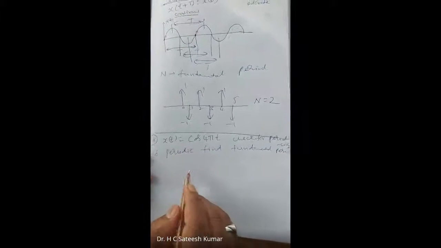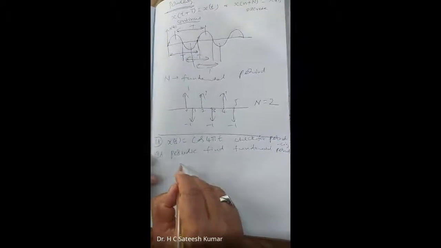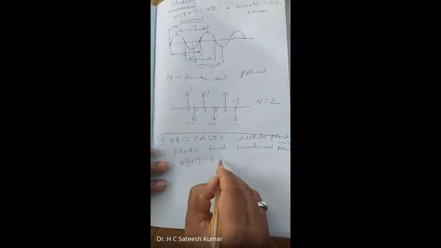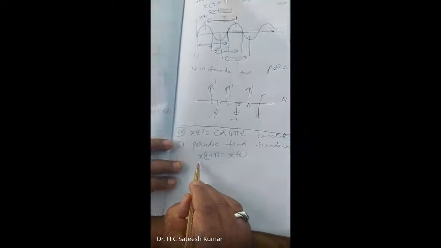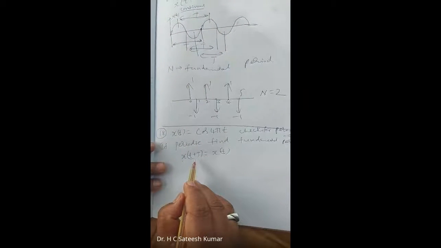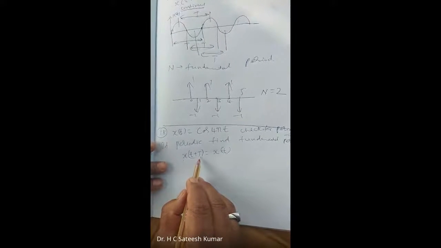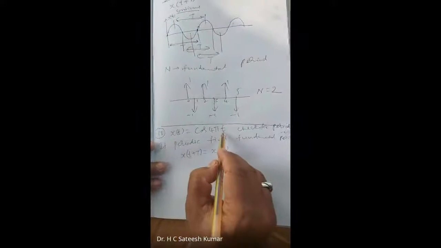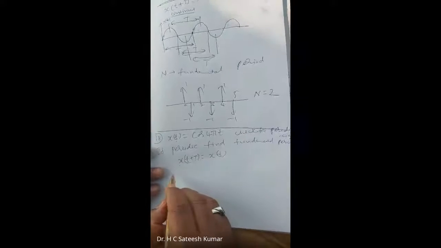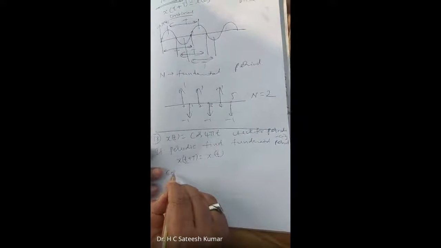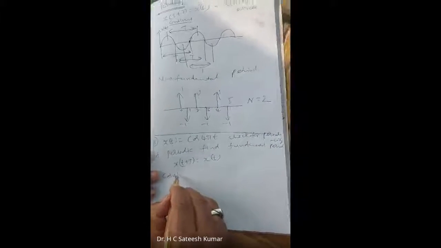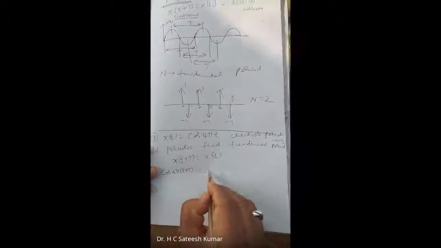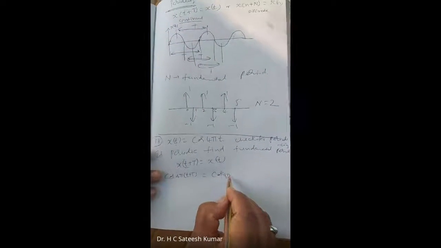Apply the condition. We know that x of t plus T is equal to x of t. Both sides you substitute. What is x of t plus T? Replace in x of t, t by t plus T. Therefore, we get cos of 4 pi into (t plus T) is equal to cos of 4 pi t.